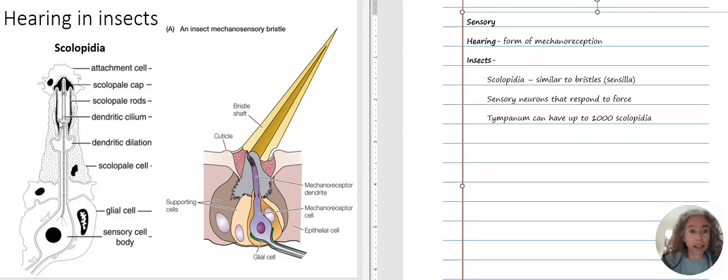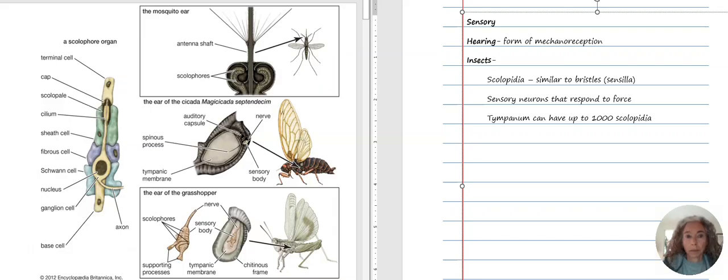So you have the dendrite coming up here, and the sensory body, the soma, down here, and then the axon going away from that. Cilia extend from the dendrites and are connected to a tympanum, like an eardrum, and detect movement in the tympanum.